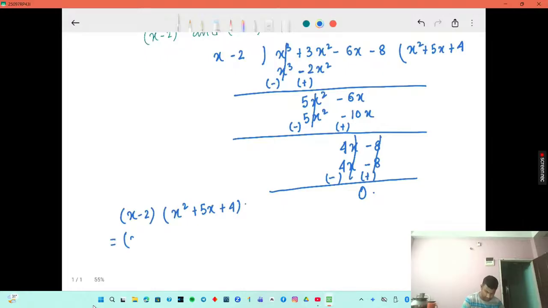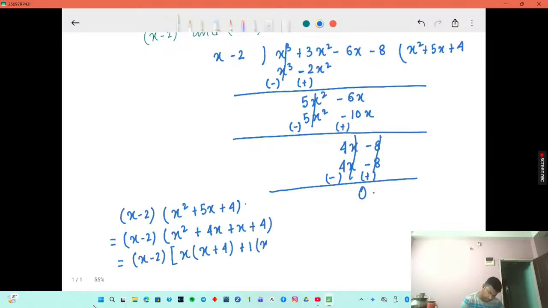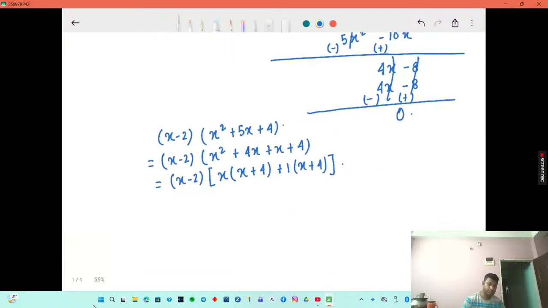So x squared plus 4x plus x plus 4 is equal to x plus 4 times x plus 1. So now we will get x minus 2, x plus 4 and x plus 1.